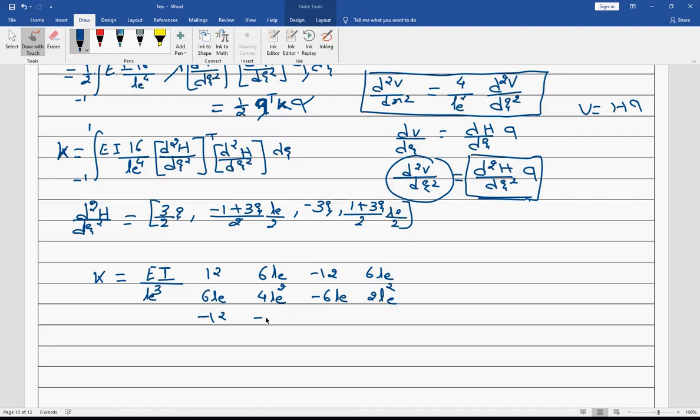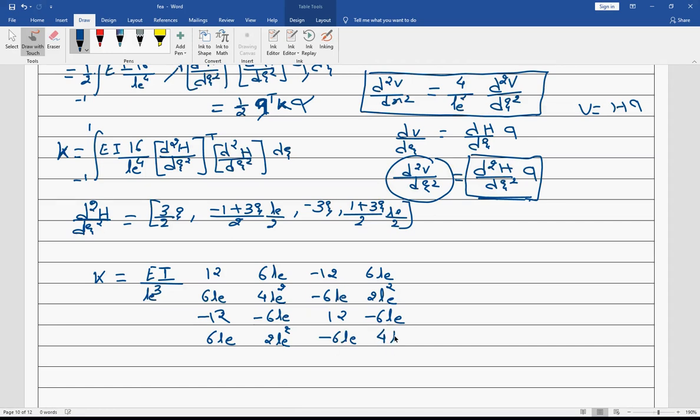Of course this will be symmetric, so 12, minus 6 Le, 12; minus 6 Le, 6 Le, 2 Le square, minus 6 Le, correct or not?